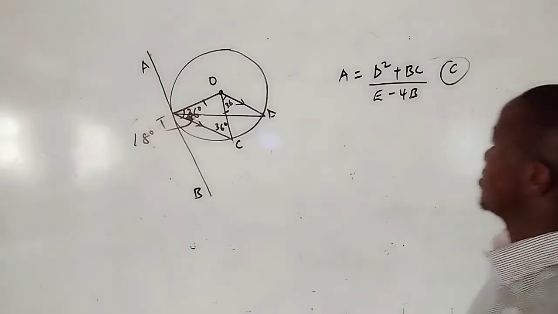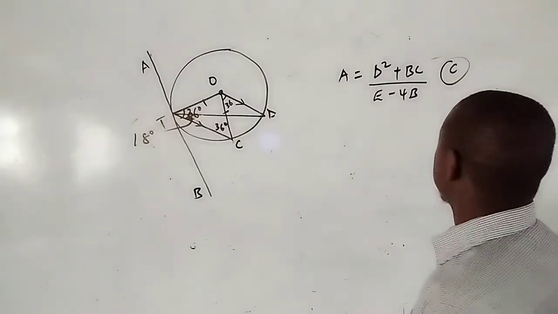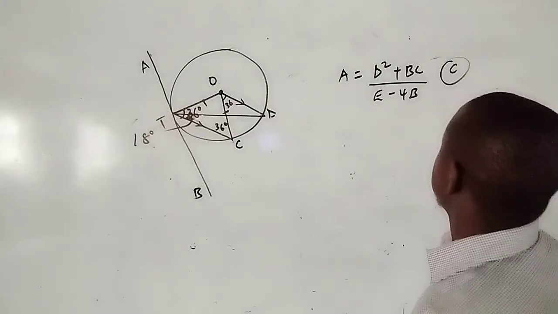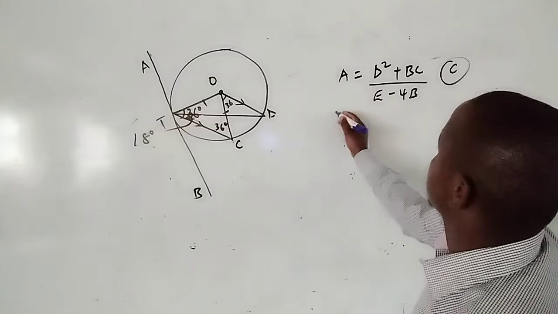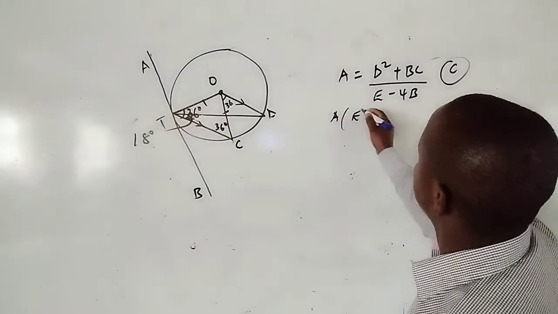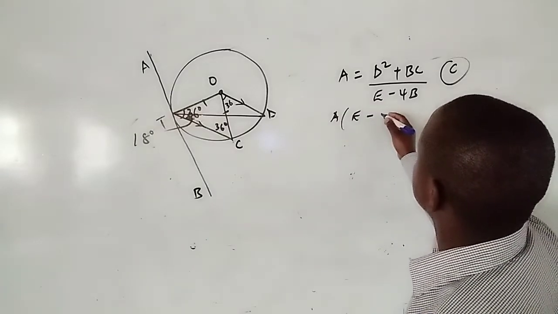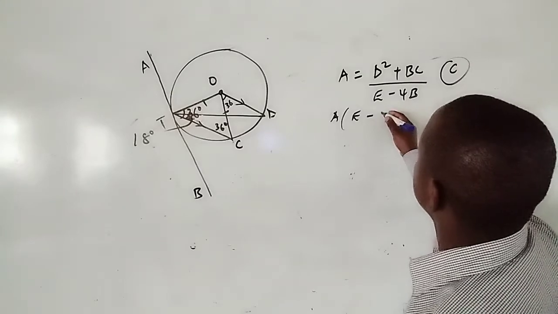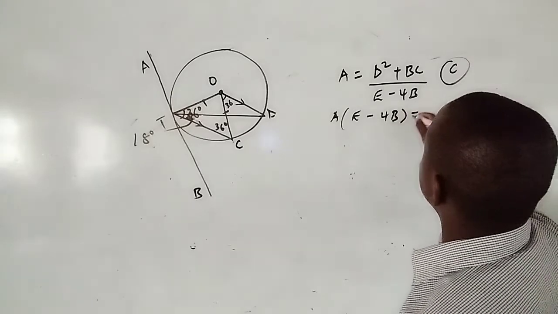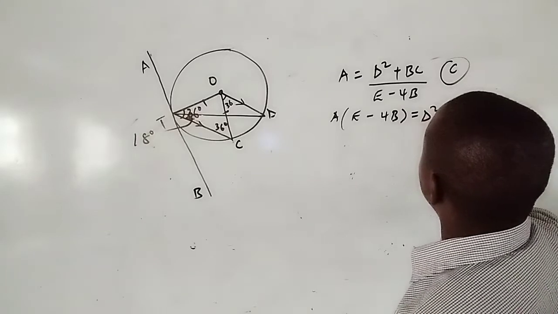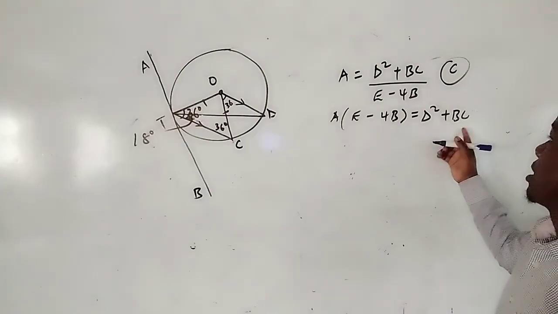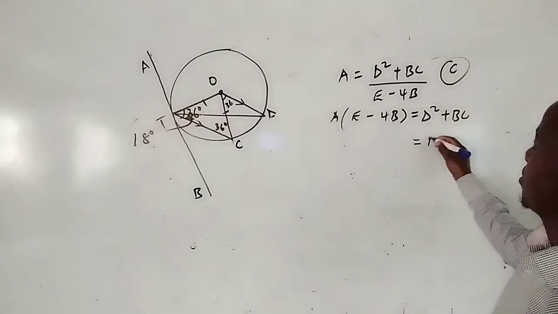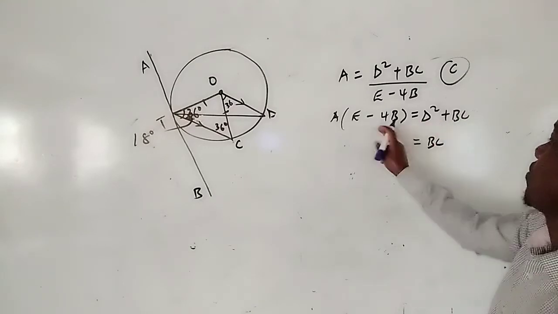It's number 16. We're finishing part A. To make C the subject of the formula, we can first multiply this one to this side. So we'll have A multiplied by 4B is equal to D squared plus BC, like that. To remain with the part with C, we subtract this on this side.